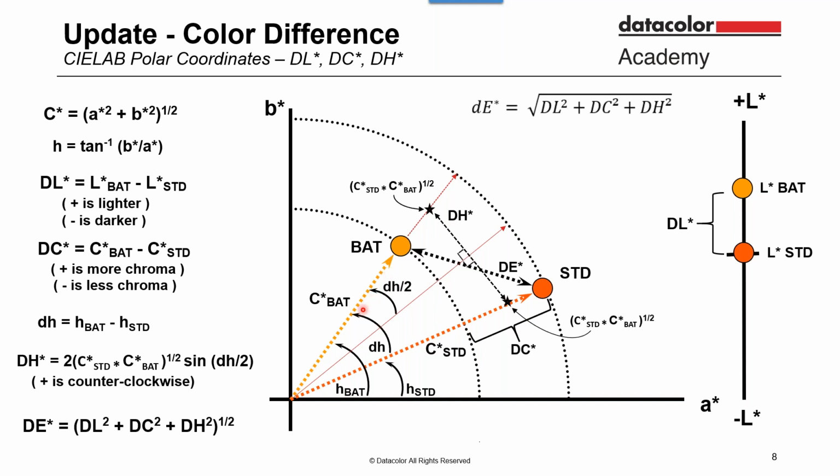And the delta H is the hue angle between the two. Basically the equation uses the DH divided by 2. So it uses this angle here, and we draw this other vector in here. Based on that, we now have this angle here. We know this DH divided by 2. And then using the sine function, we calculate this distance over here because we set up the right triangle here.